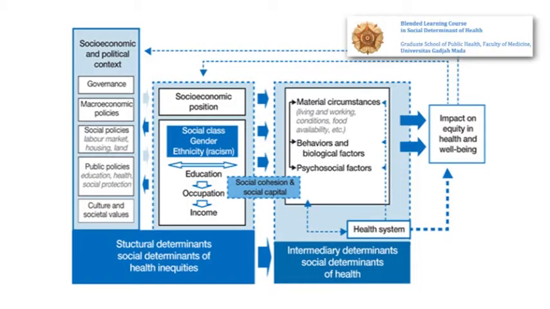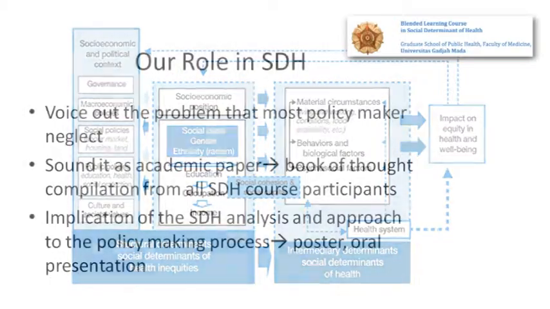Basically they argue that there are structural determinants of social determinants of health inequalities, and intermediate ones. What we are doing is this part. This is a different way of figuring out the problem of social equity.